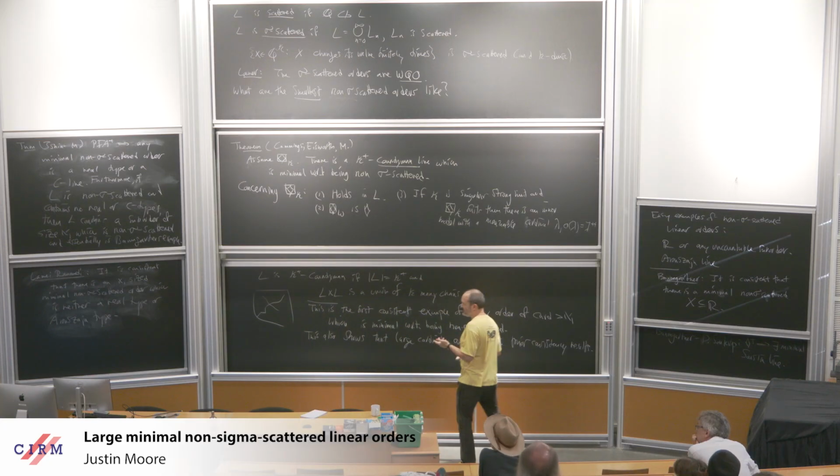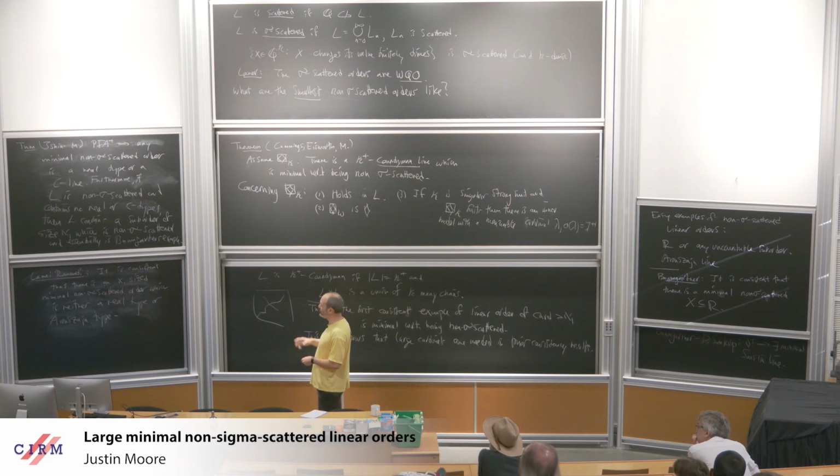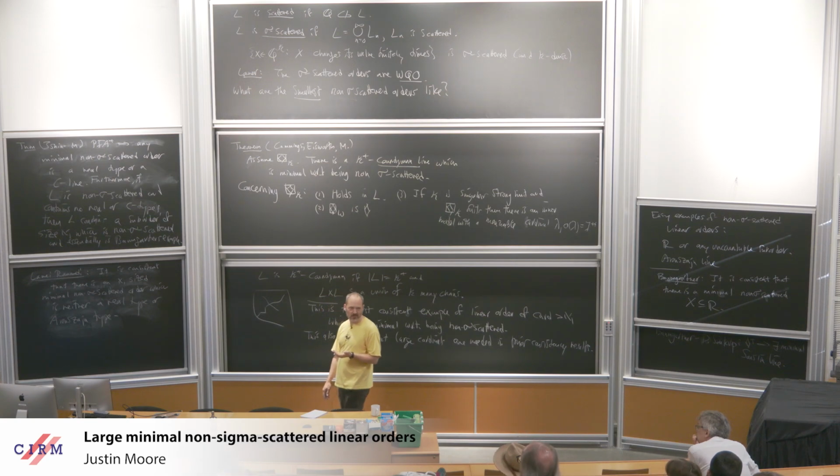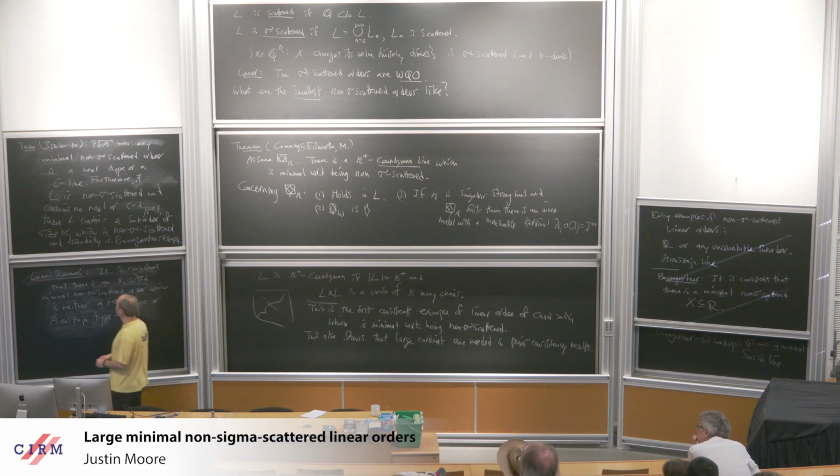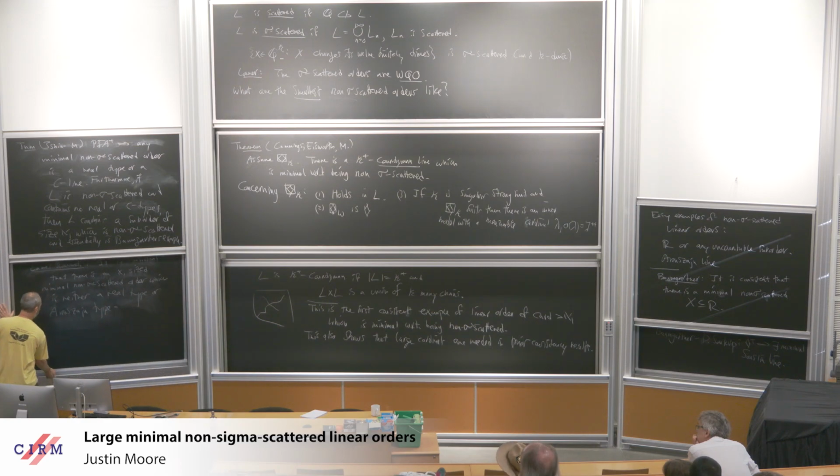And the other is that the natural question to ask of all of this, there's maybe too much information on the board, is: is it possible that there are no minimal non-sigma-scattered orders at all? And the answer is that it is possible.